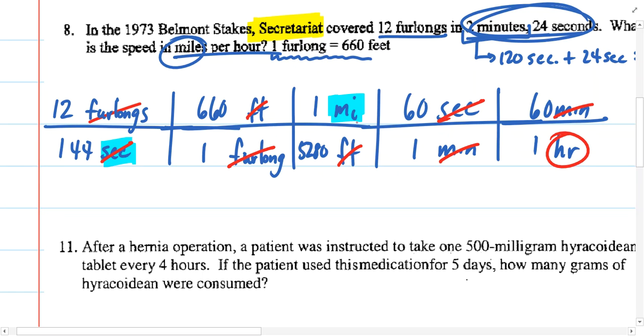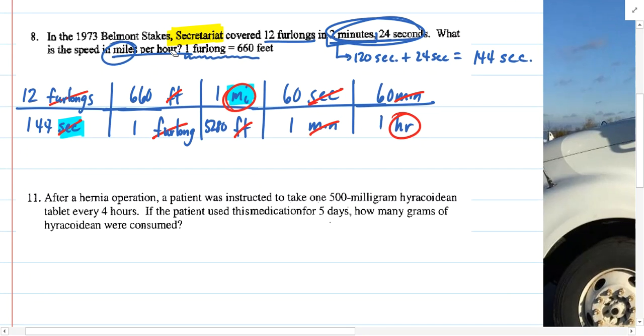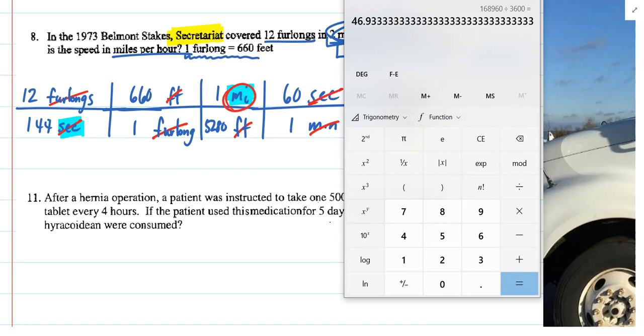And now we're left with hours in the bottom, miles on top. So after I complete the math for this T-chart, I'll have a measurement in speed of the horse in miles per hour. So across the top, we have 12 times 660 times 1 times 60 times 60 again.